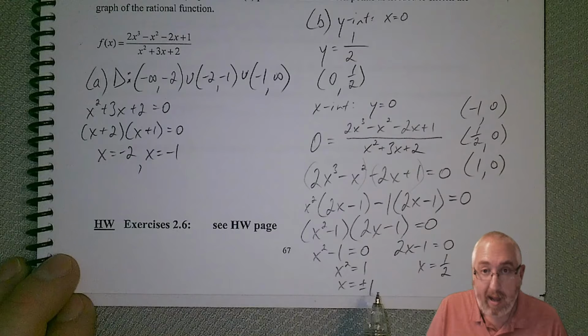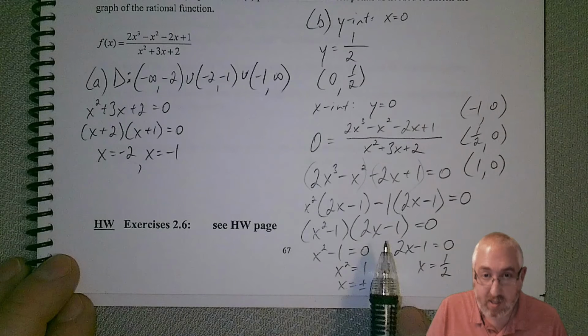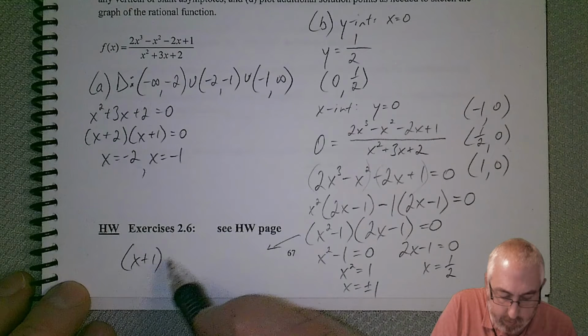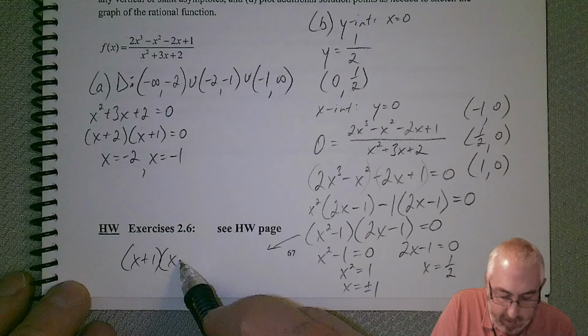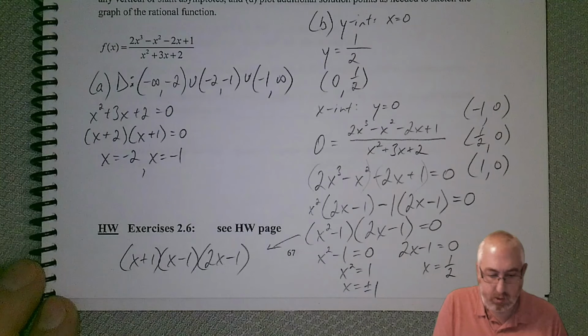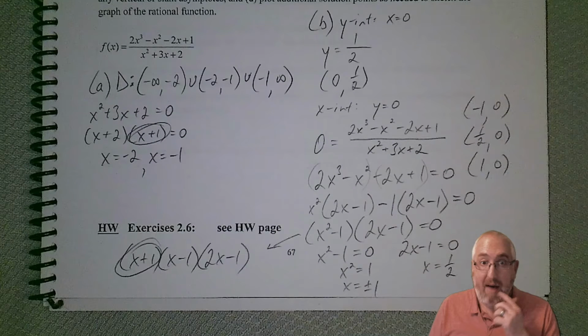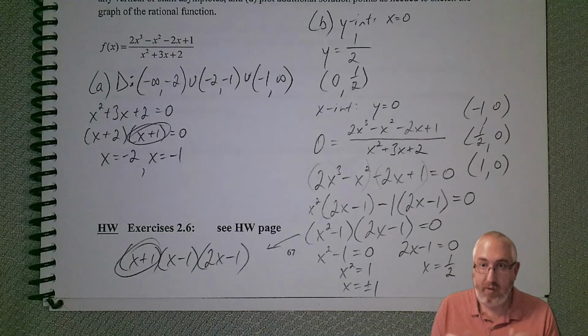Now, had we factored this a little bit more, we would have seen that this is x plus 1 times x minus 1 times 2x minus 1. And so there's the problem. We have a common factor of x plus 1.